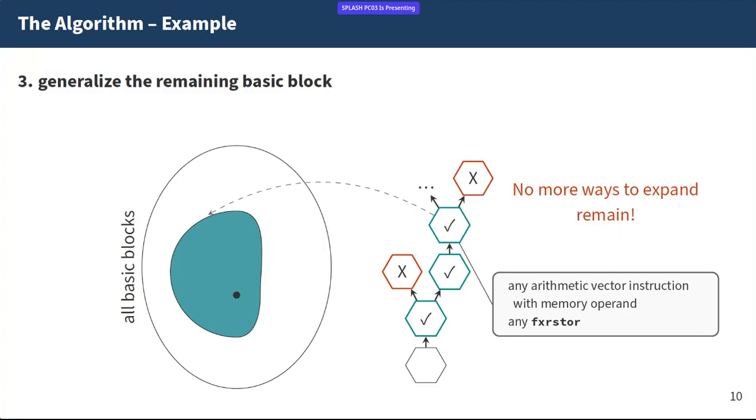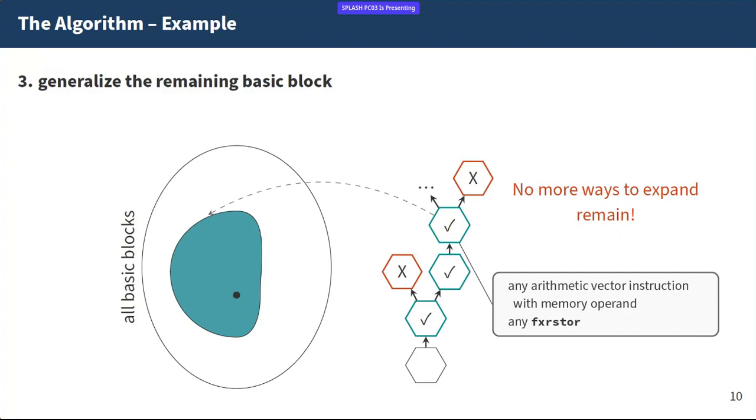In our case, the resulting abstract block would then be, for example, one that represents all basic blocks where the first instruction is an arithmetic vector instruction with a memory operand, and the second one is an fx restore instruction.